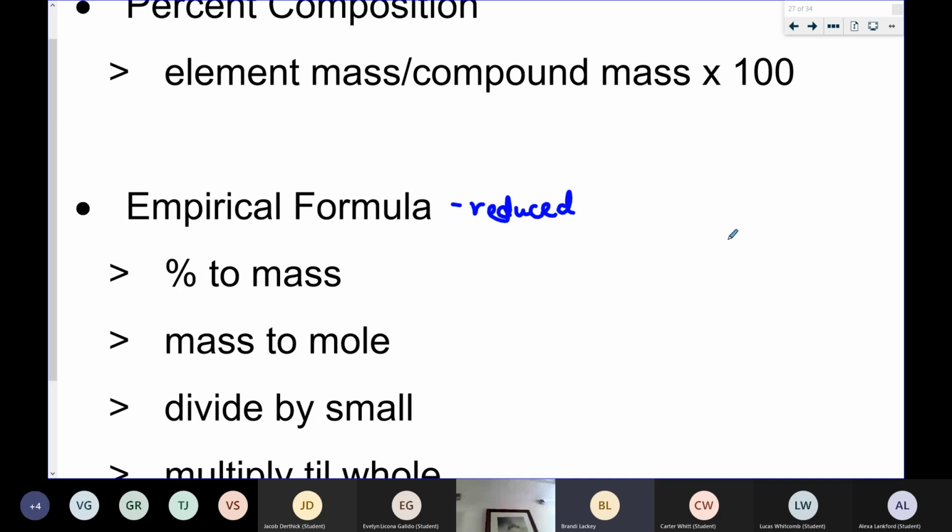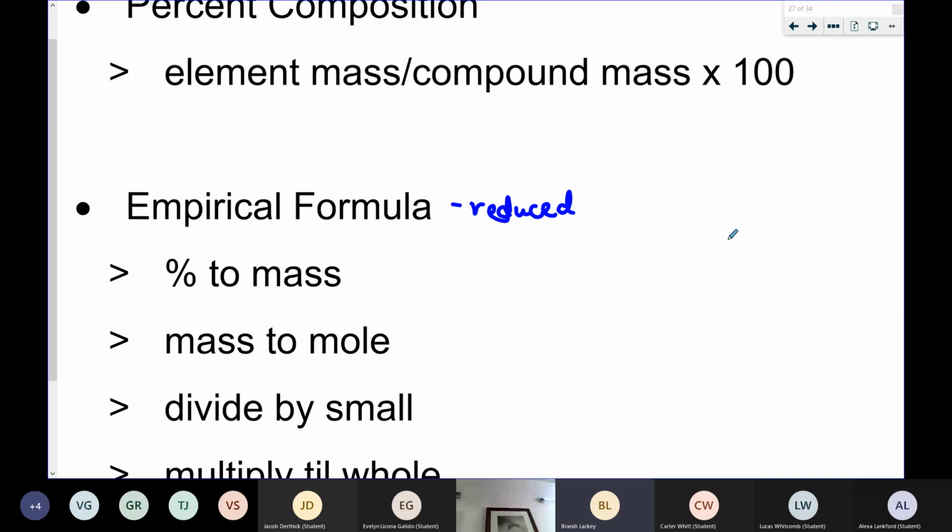So remember, to go from percent to mass, we just change the percent sign to grams, but leave the number the same. To change from mass to mole, that's our one-step conversion, using molar mass. Once you have moles for everything in the substance, whatever that smallest value is, you divide everything by that number.